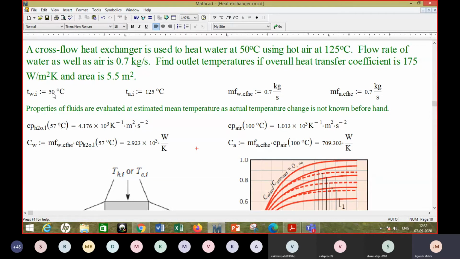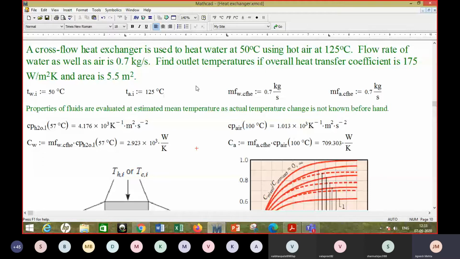You don't know what the outlet temperature is, and before solving the example, you cannot get the outlet temperatures, right? Because both outlets are not known. If one of them is known, then you can find out the fourth one by energy conservation. That is, the heat lost by exhaust gas is equal to heat gained by water. And in that case, you can find out the fourth one, but that is not possible here.